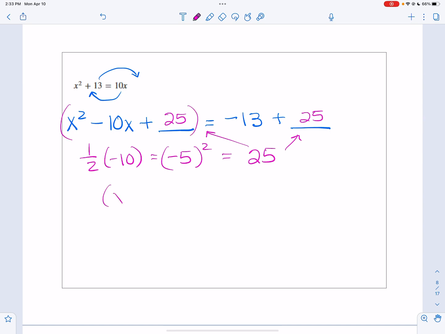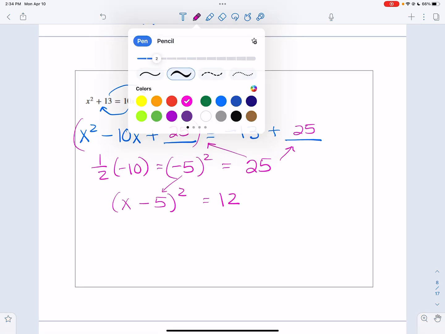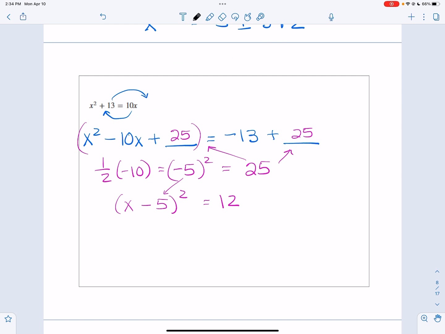So x minus 5 quantity squared, remember this number is always the same, equals, and 25 plus -13 is 12. Oops. So now I take the square root. This 2 cancels that. X minus 5 equals plus or minus.